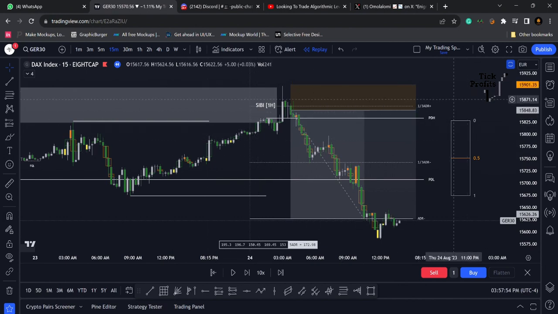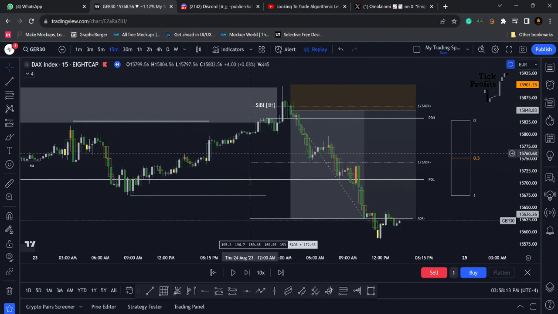The ADR makes use of the true opening day of New York. We know that the true open is 12 a.m. New York time. So you can see this line on the ADR.